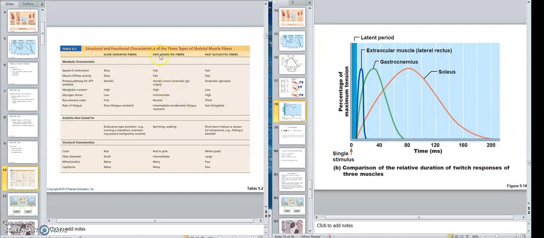Let's go now. I'm going to skip this for right now. Let's go to the fast glycolytic, because this is what we primarily have in our human body. The fast glycolytic muscles are called fast twitch. Speed of contraction is fast. Myosin ATPase is fast.